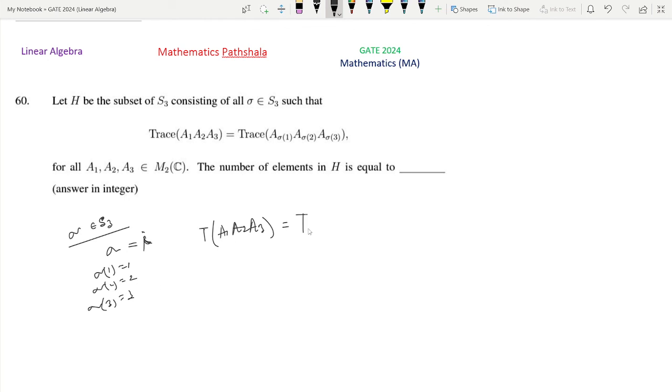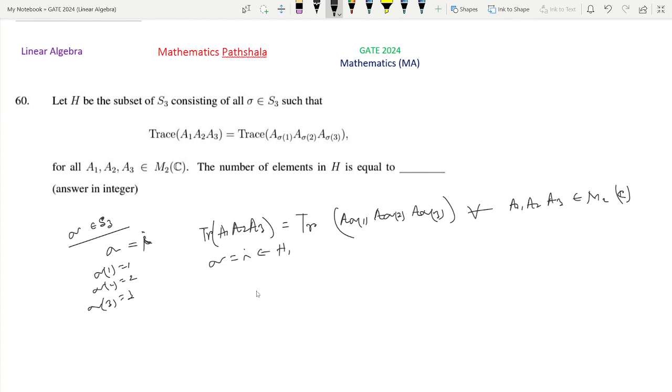So this will be trace A sigma 1, that is A1, A sigma 2, that is A2, A sigma 3, that is A3, and this holds for all A1, A2, A3 belonging to M2(C). So clearly such a sigma, sigma equal to I, must belong to H. So H is non-empty and contains at least one element.